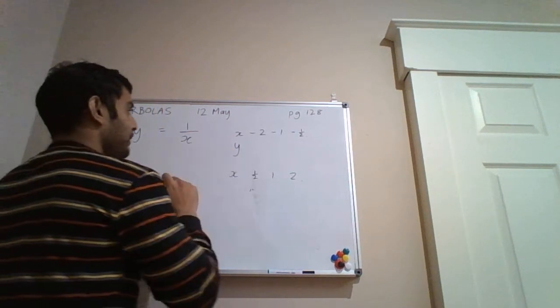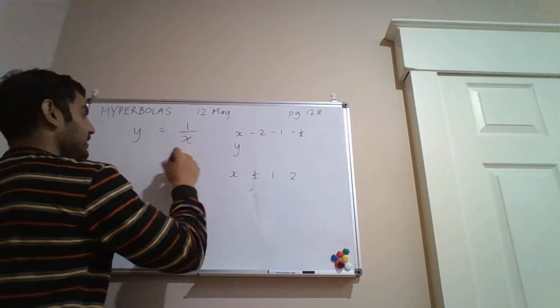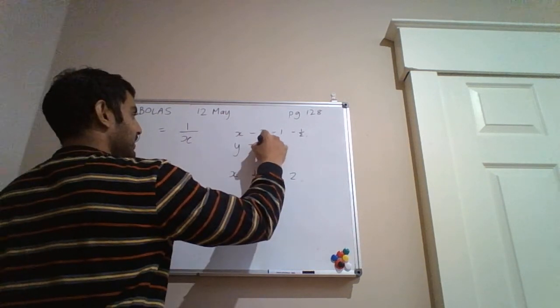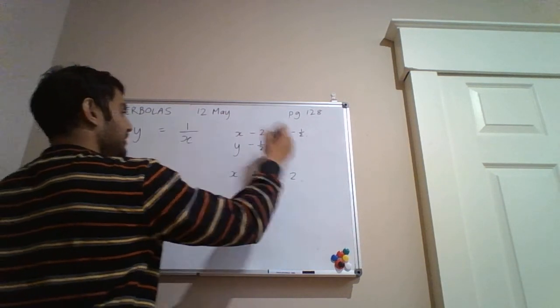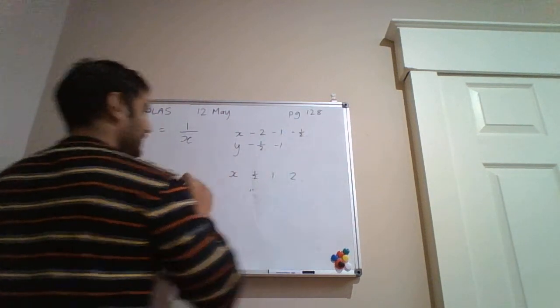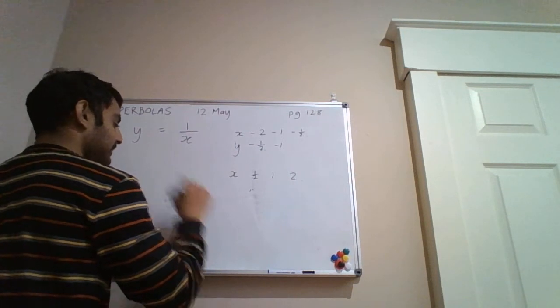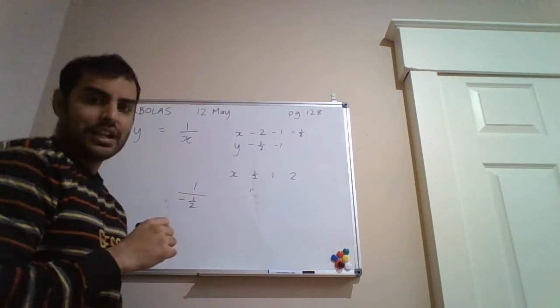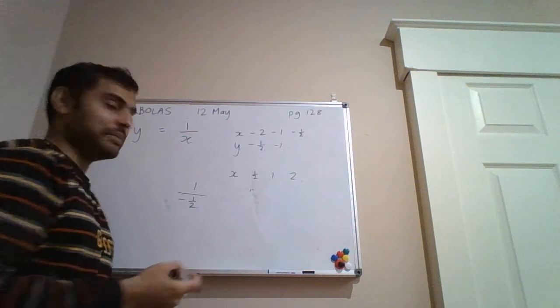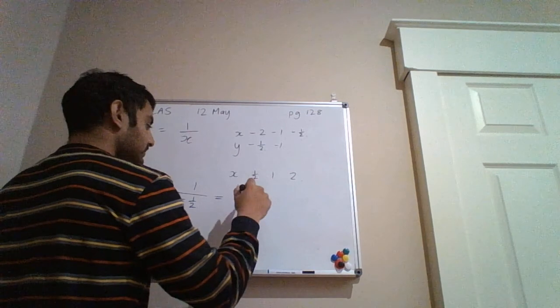For the first point, x equals -2, we substitute it into the equation and we get -1/2. Substitute -1: 1 divided by -1 is -1. Let's look at this one quickly, 1 divided by -1/2. This might bring back memories of grade 7 with the tip and times rule.